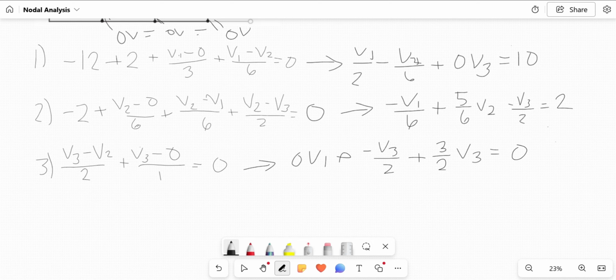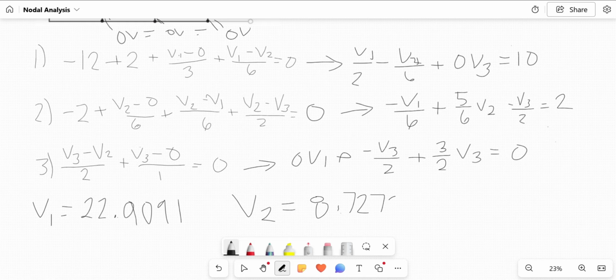And then plugging these in and solving the system of equations, you can use a matrix, whatever you choose, you will end up getting V1 to be 9.0909. Your V2 will be 8.7273, and your V3 will be 2.9091.